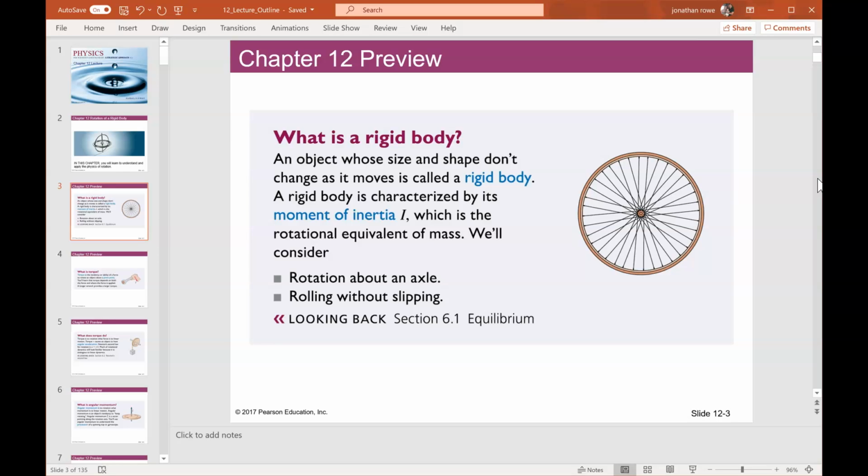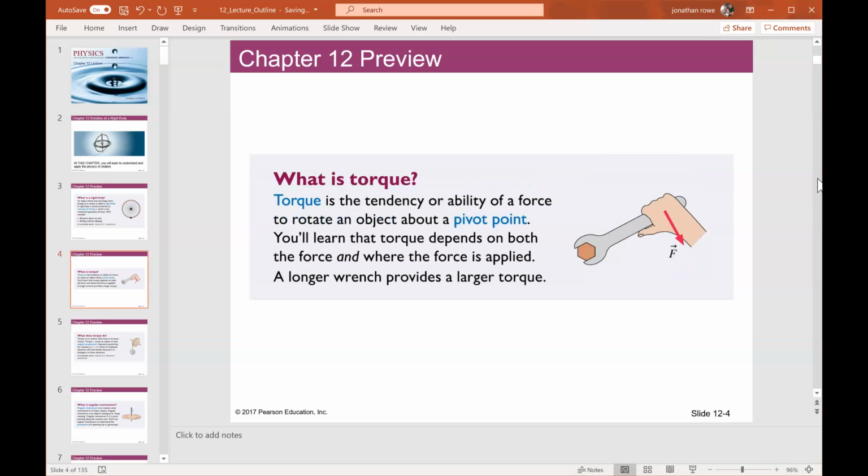A couple of examples of this are rotation about an axle, like this wheel rotating about that center point, but also rolling without slipping. Imagine this being the center point and this thing going around it, which is what rolling without slipping is. It has two axes around which it is rotating as it moves linearly and rotationally. We'll think more about that later.